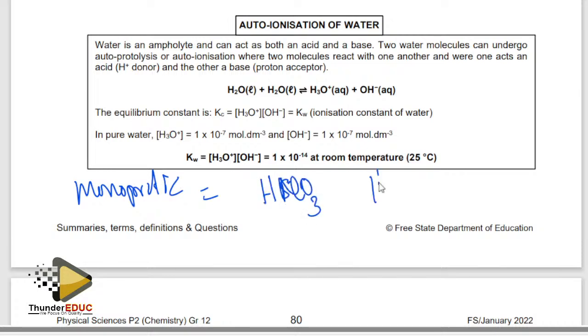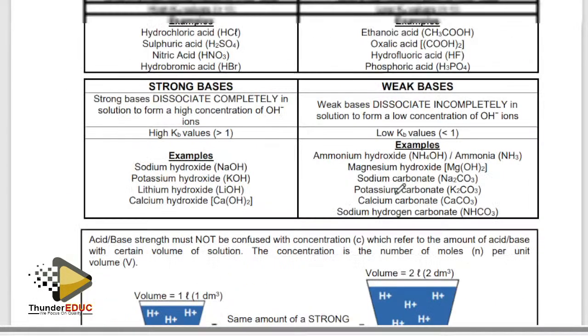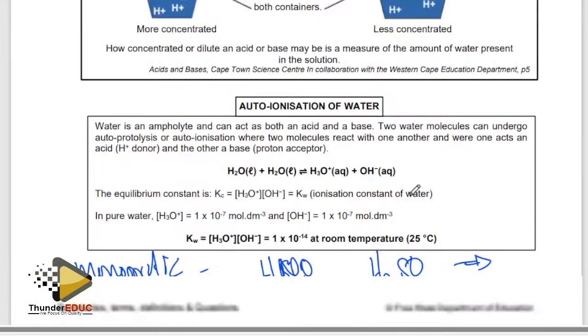A diprotic acid can produce two hydrogen ions when dissolved in water, and a triprotic acid can produce three of them. When these acids ionize, they can act as a base and an acid at the same time. Is it clear? So please don't go to the paper without knowing that also.